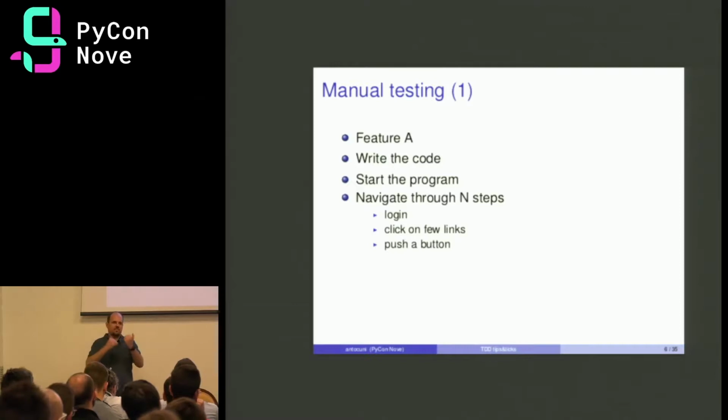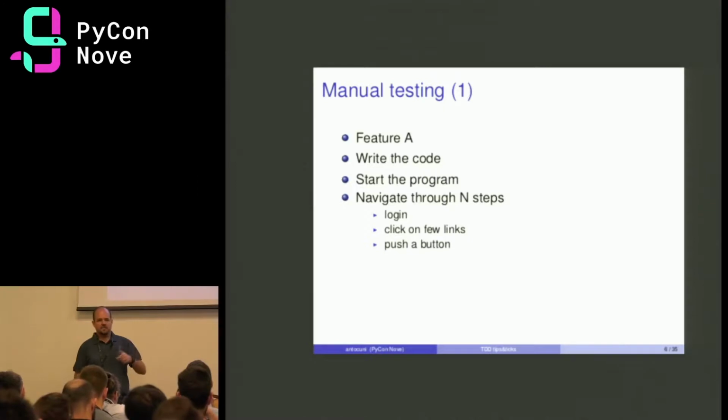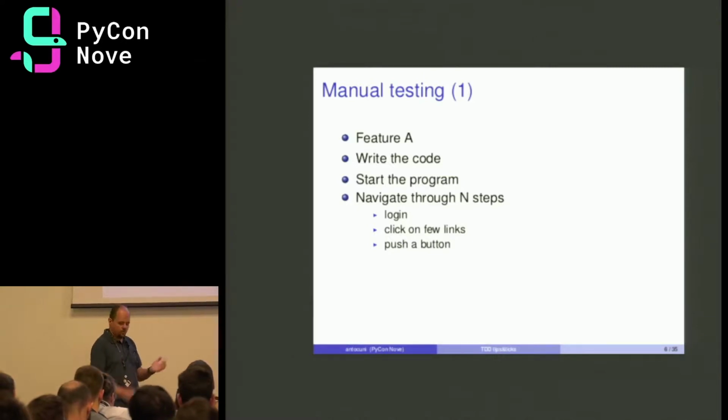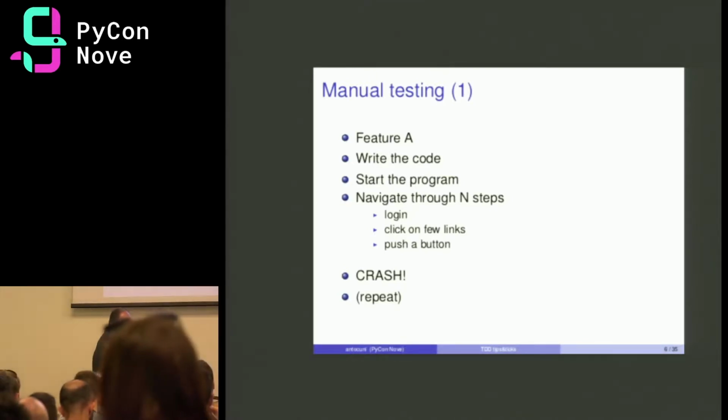And sometimes checking that the thing works requires a few steps, like you have to log in to a web page, click a couple of buttons, check that the output is what you expect, and etc. So this is what you usually do when you do manual testing. Of course, at some point your feature doesn't work, you repeat until it works, and you're happy.